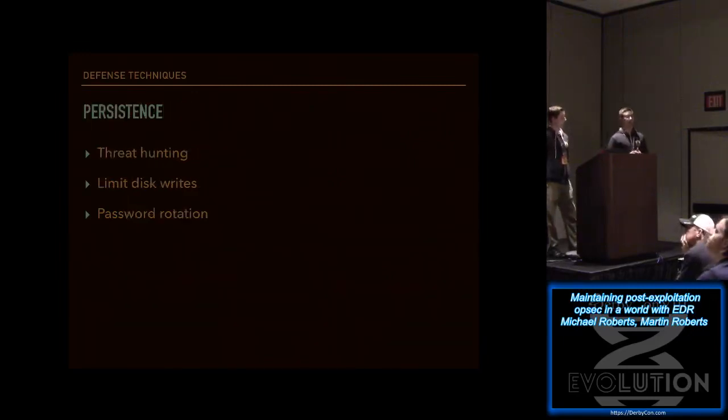Some defense techniques for persistence, things like threat hunting, looking at what happened to a host or what's happening to a host and what's changed with the host. Limiting disk writes whenever possible. A red teamer wants to avoid disk writes, but sometimes it's just not possible. You have to drop a binary on the disk for whatever reason. So limiting, if possible, as a blue team, limiting where they can write, very simple.